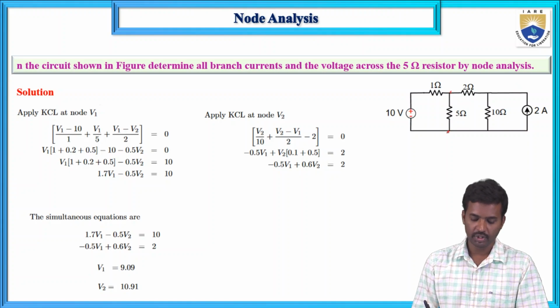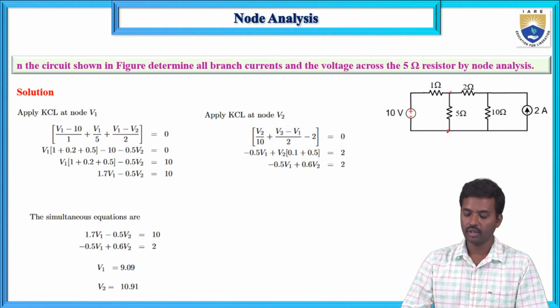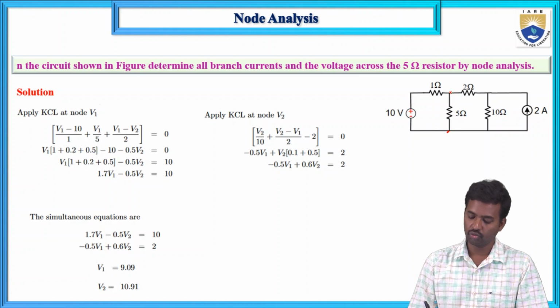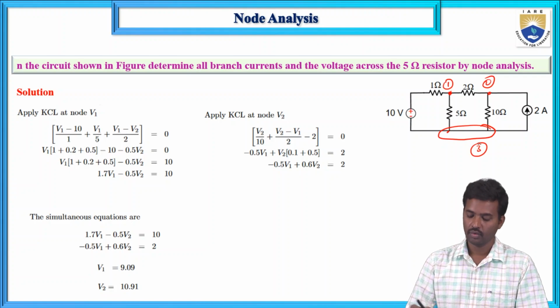Now determine first the node voltages. Calculate the node voltages. The possible number of junctions here is 1, 2 and 3. This voltage is V1, this voltage is V2, and this voltage is V3.